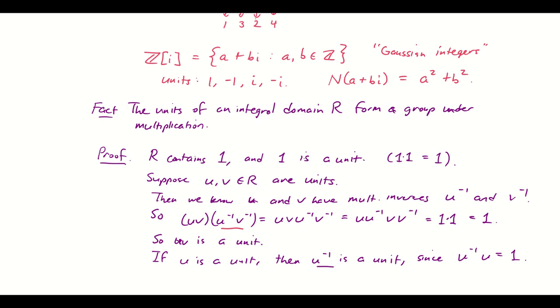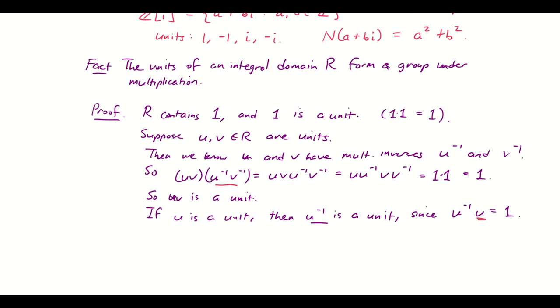Okay, so we have a multiplicative inverse for U inverse, it's right here. And finally, we know that multiplication on the set of units is associative because multiplication is associative in R. That associative property is inherited from R.